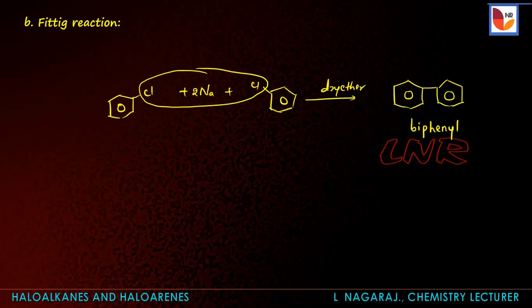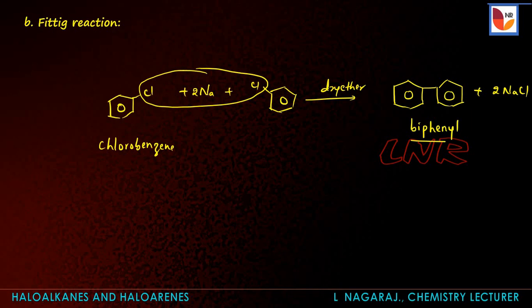That is, bi is nothing but it contains 2 benzene rings. So the compound is called biphenyl, and the byproduct is 2 moles of NaCl. Very important reaction. That is, when chlorobenzene reacts with sodium in the presence of dry ether, it gives biphenyl.